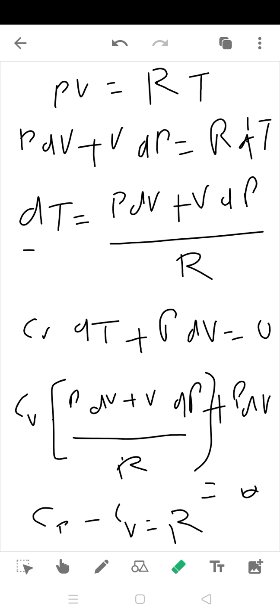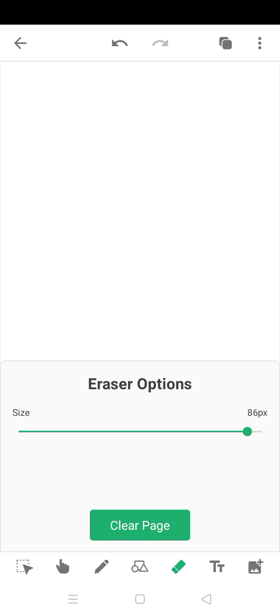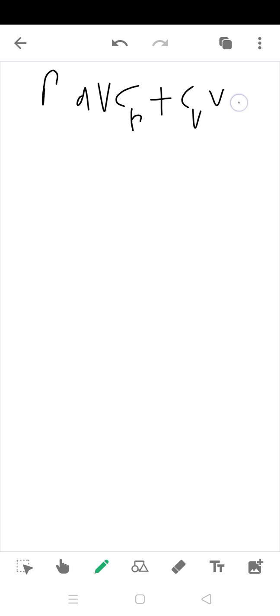After solving both these equations, we will get Cp P dV + Cv V dP = 0.